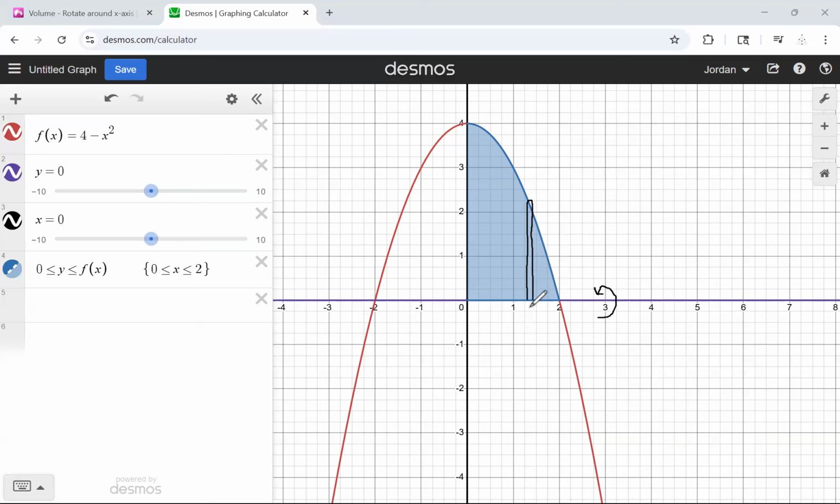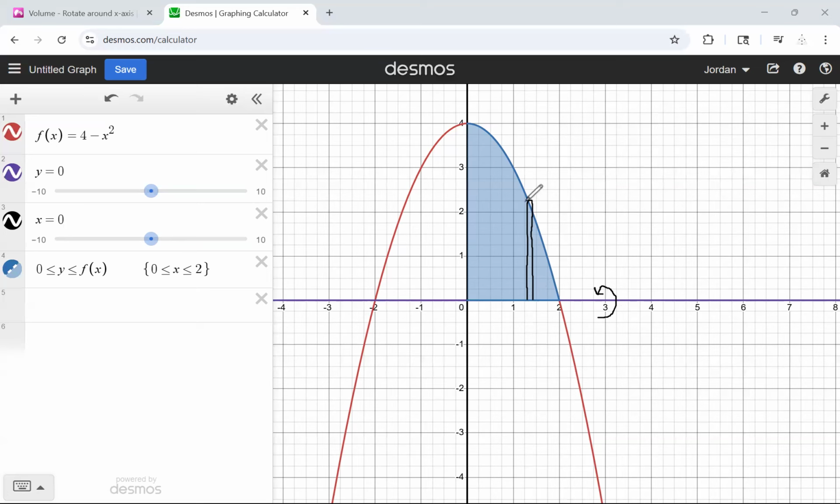And the width of these rectangles is going to be done with respect to x, because we're rotating around a horizontal axis. So there you go. Now the radius of each disk is the same as the height of any rectangle.